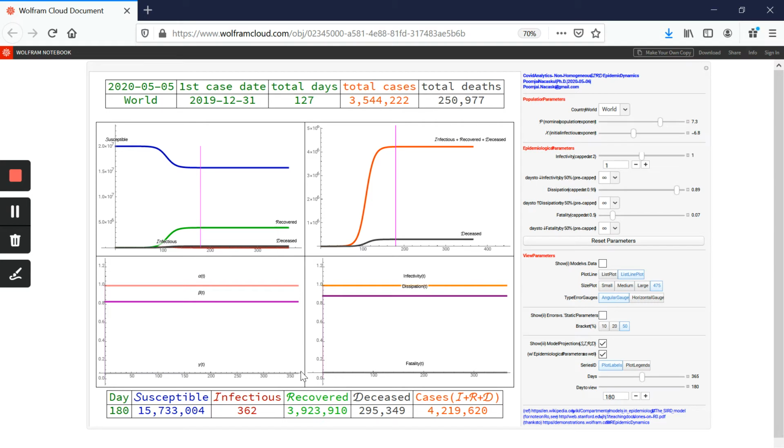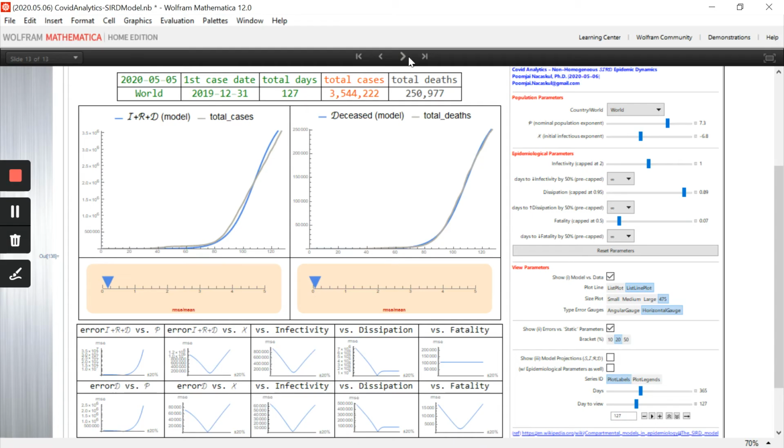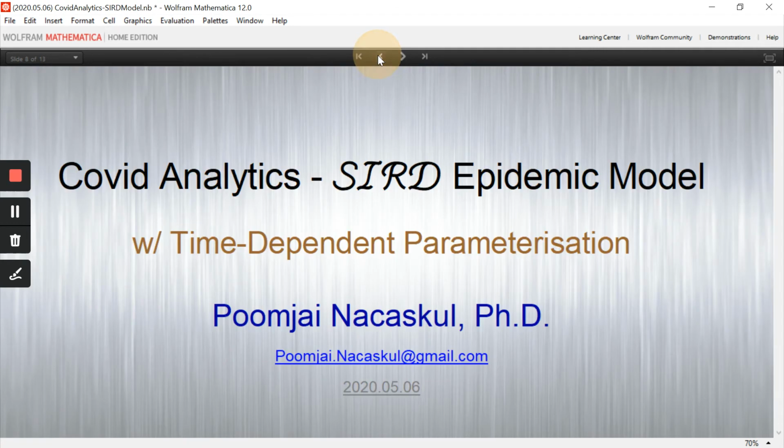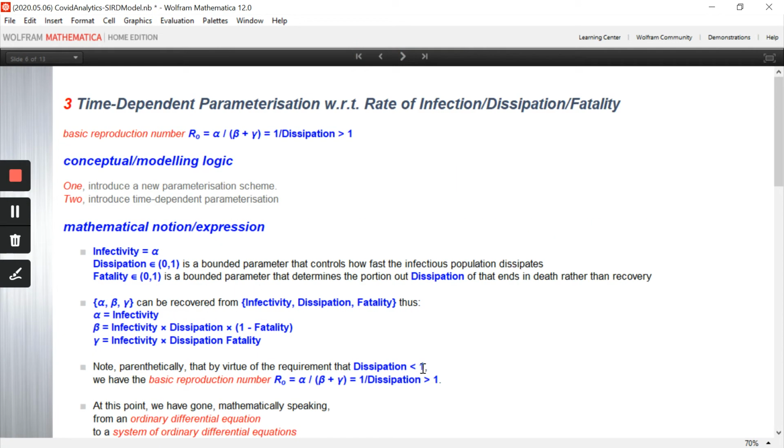Okay. Now, if you notice, even though over here you have alpha, beta, and gamma, they don't appear on the control panels. That's because I've made the decision to recast the parameterization scheme. Let me go into a little bit of detail. This is actually in my software. Instead of working directly with alpha, beta, and gamma, I recast them as infectivity, dissipation, and fatality. Now, infectivity is the same as before, the infection rate, so nothing new there.